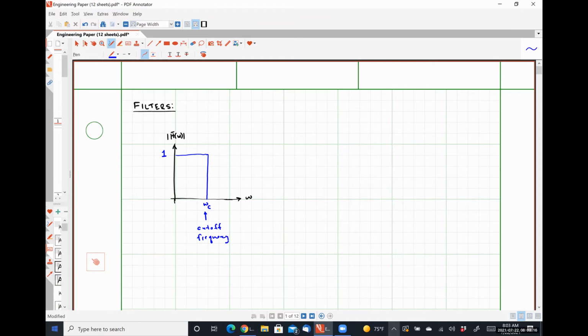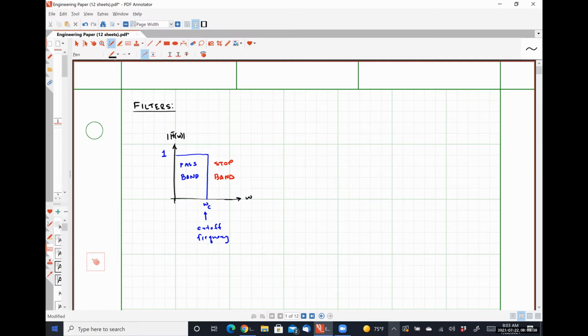So we have a pass band for all frequencies below omega c, and we have what's called a stop band at all frequencies above omega c.